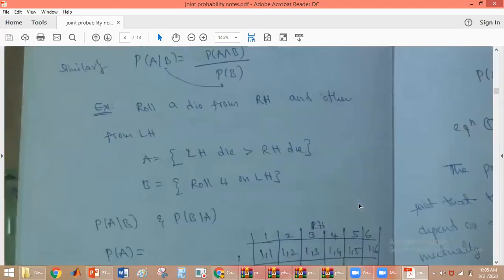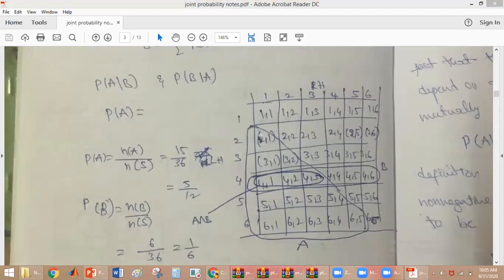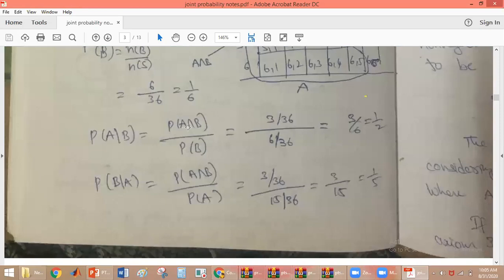And this is your B part. From this, what is the intersection now? Only this many elements. The intersection will have these elements, 3 elements. So if you see here, P of A intersection B.